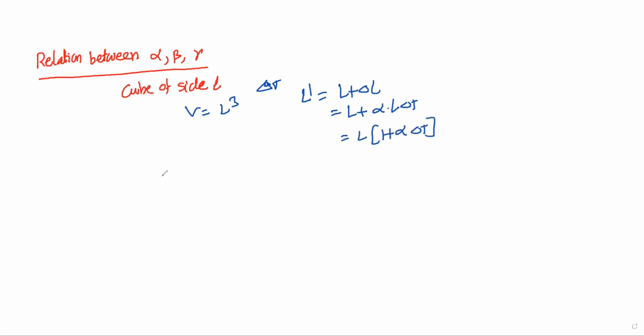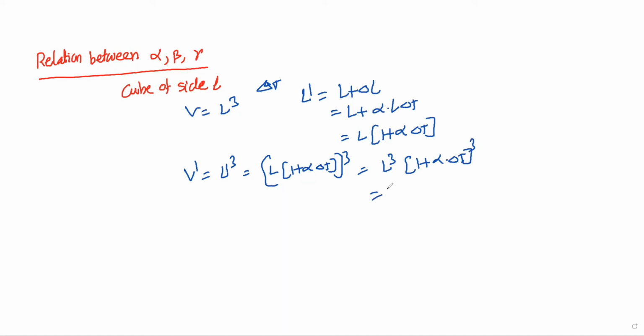Hope it's clear. Now, whenever you give heat to the cube of side L, the volume also expands. V dash is equal to L dash cube, which is L into (1 plus alpha delta T) whole cube, which means L cube into (1 plus alpha delta T) whole cube.